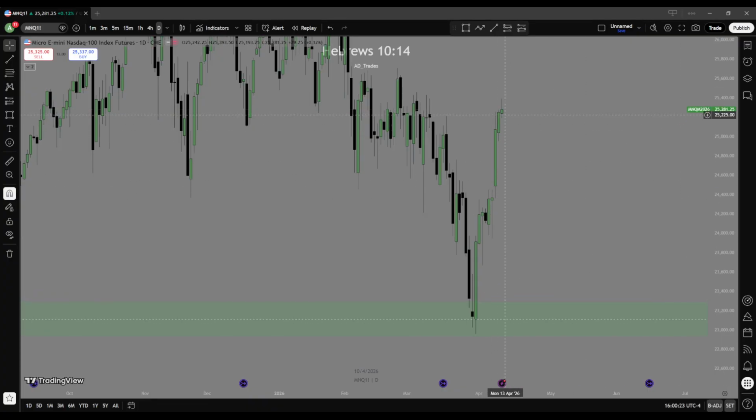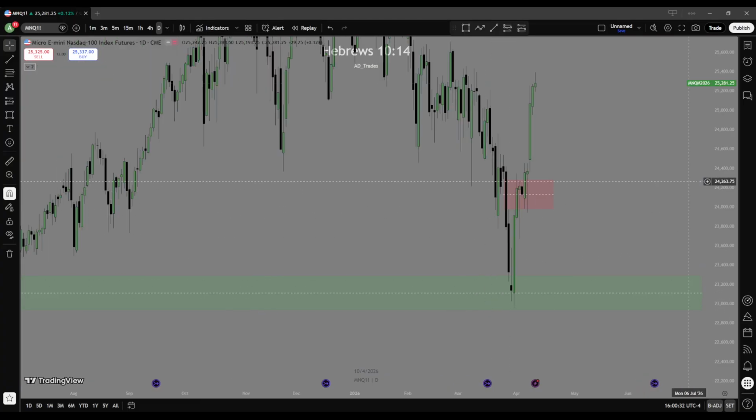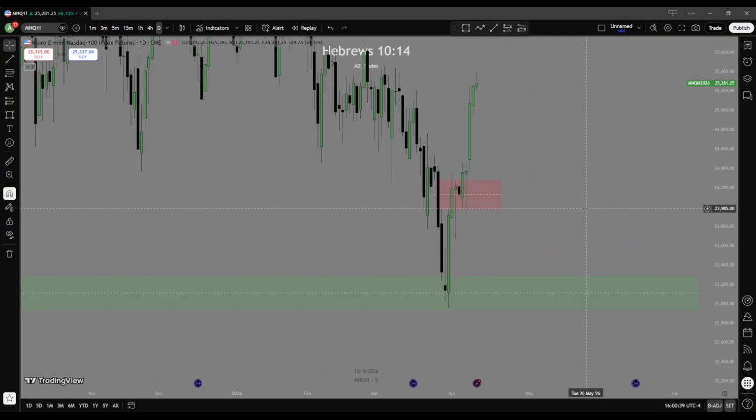Even if we didn't think it was going to reverse completely, even if we're bearish, we're like, hey, for sure we're going to want to at least come up into right here, off this fair value gap if we were bearish. So no matter what, going into Tuesday, Wednesday, potentially even Thursday and Friday, you would have been at least a little bit bullish, right? So that's how I start framing it.